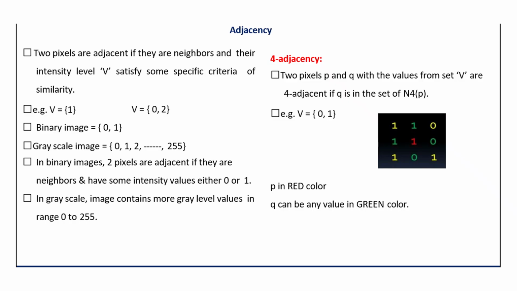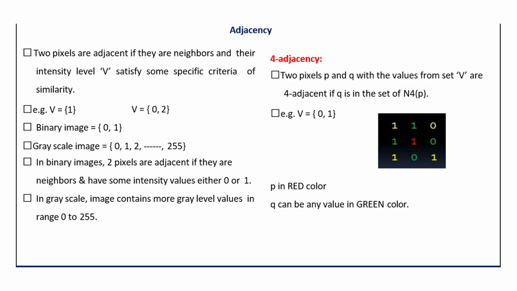For example, if it is having only 1, all the image will have only the value 1 alone. For example, a grayscale image will have a value from 0 to 255. For example, V of 0, 2 means it will have the combination of only 0 and 2 alone. In binary images, two pixels are adjacent if they are neighbors and have some intensity value, either 0 or 1. In grayscale image, it will contain more gray levels in the range 0 to 255.